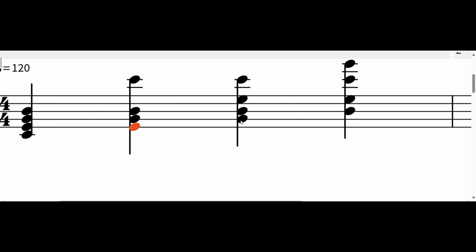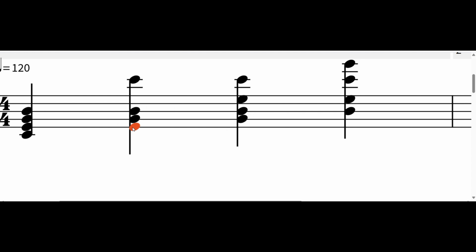Second inversion is when you move the bass note here, you move it up here, and the fifth becomes the root.